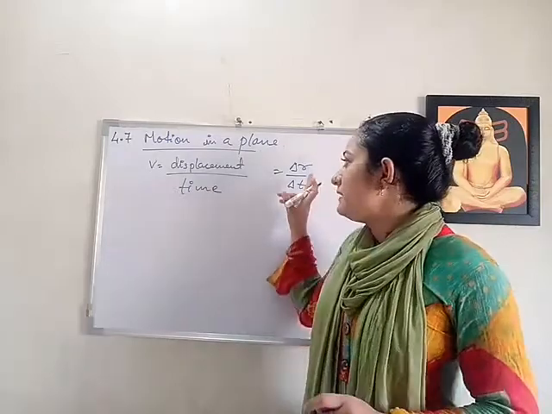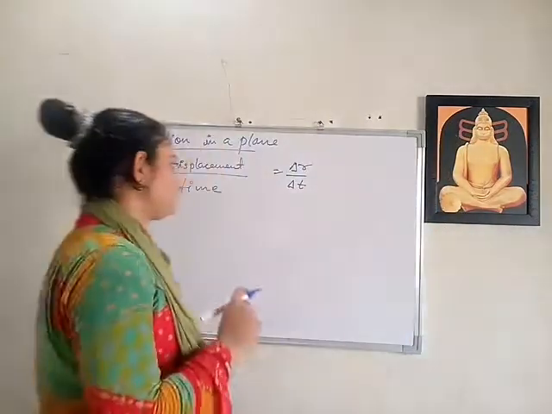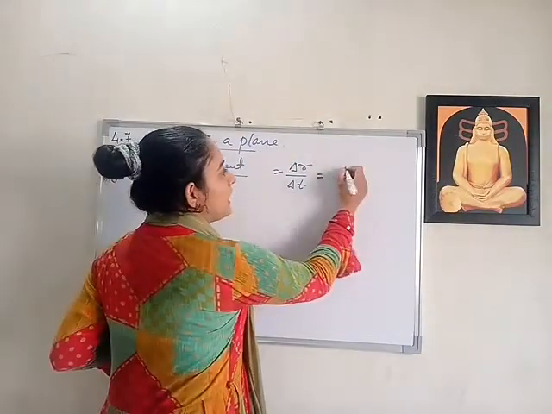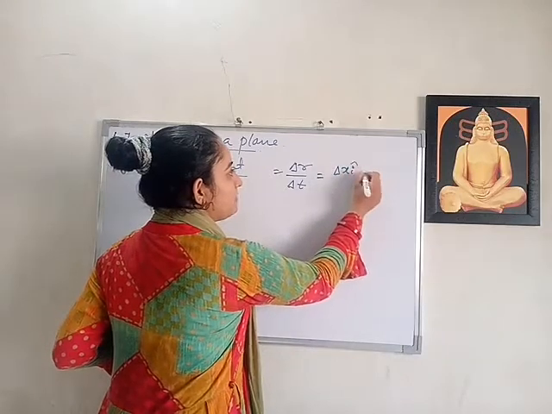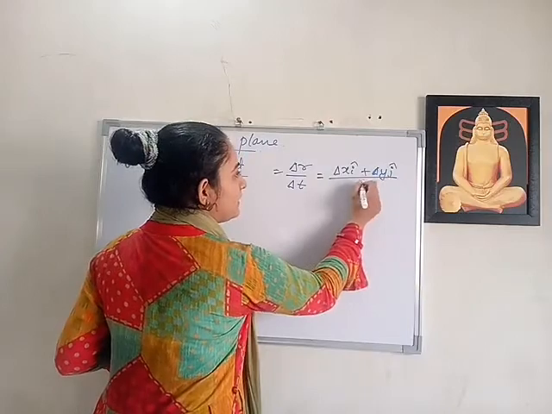So that's why displacement upon time, that is delta r by delta t. So we know that delta r was delta xi plus delta yj upon delta t.